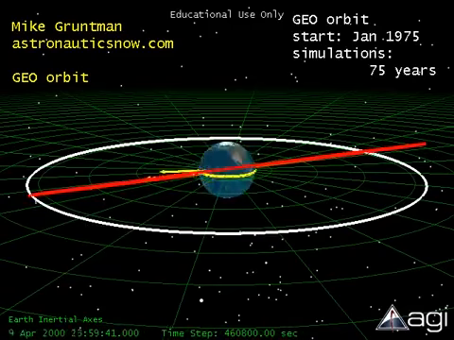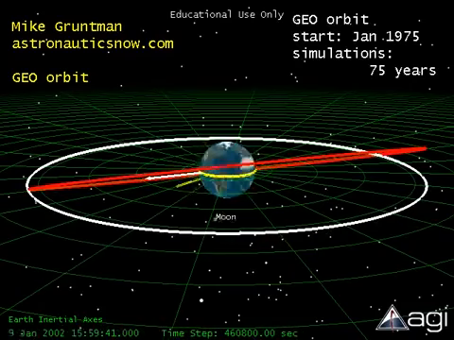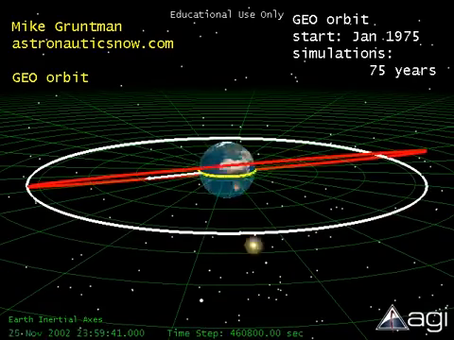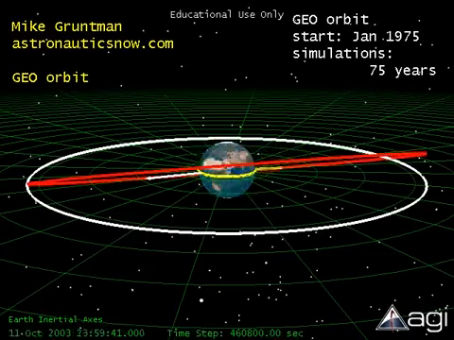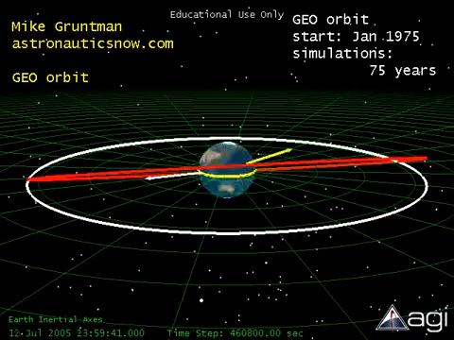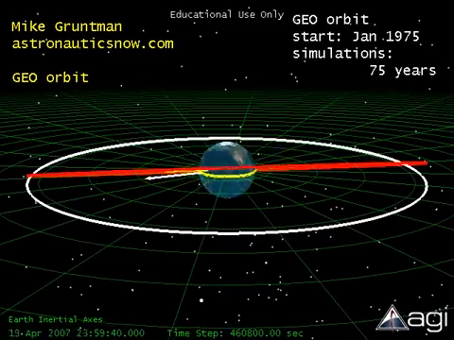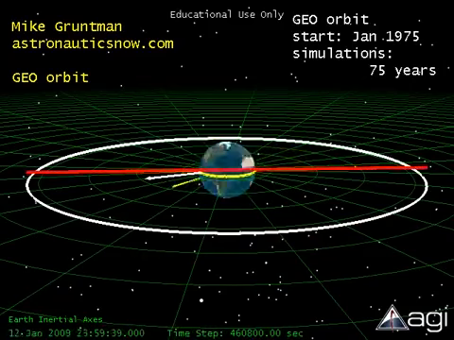Geostationary satellites also experience drift in the longitudinal or east-west direction. This drift is also caused by asymmetry in mass distribution of our planet. Not only is the Earth oblate, but it is also non-uniformly oblate at different geographical longitudes.